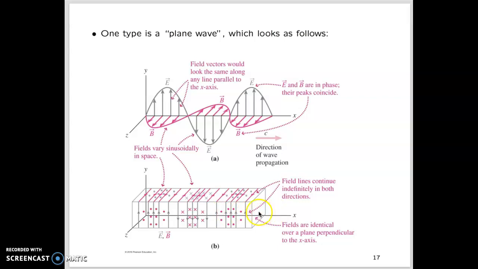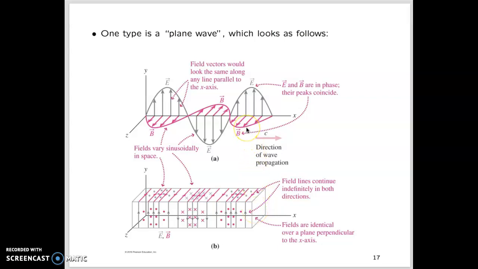If you take a cross-section of this box, all points in this plane, for example, the end of this box, every single point in that plane, the electric field will be in phase with the electric field at every other point in that plane.